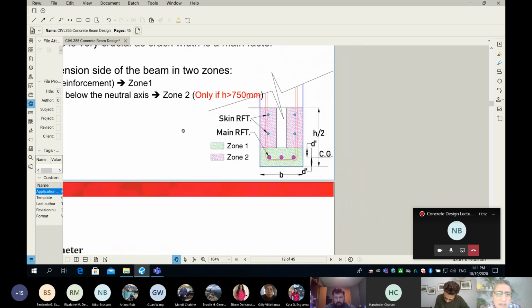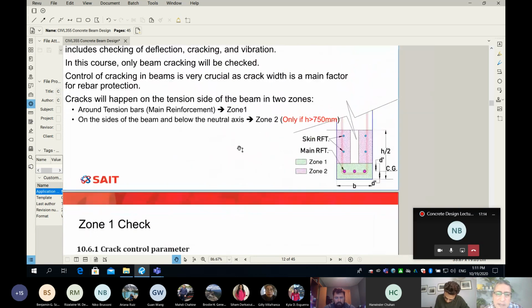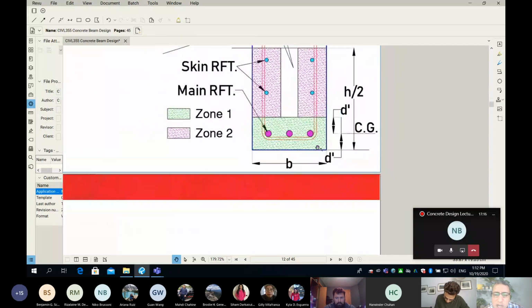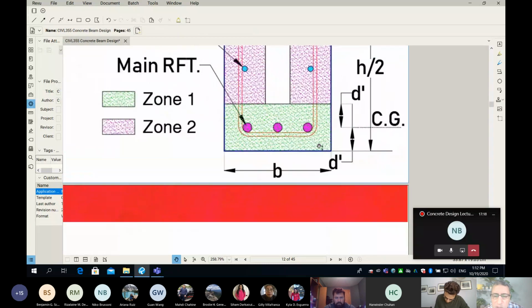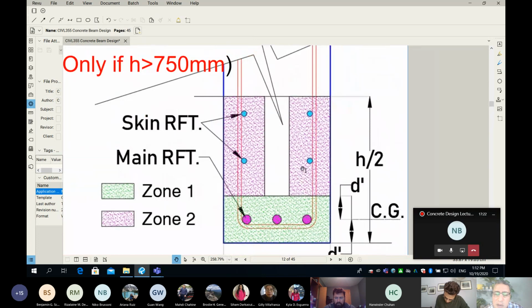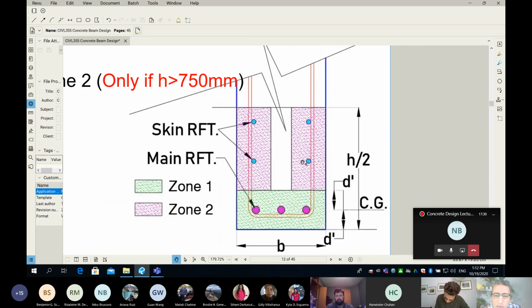How do we do that? Zone number one, it's all the time, so we always need to check zone number one and make sure that the crack width is acceptable. How about zone number two? Zone number two is only when the beam height exceeds 750 millimeters, and that's from the code.